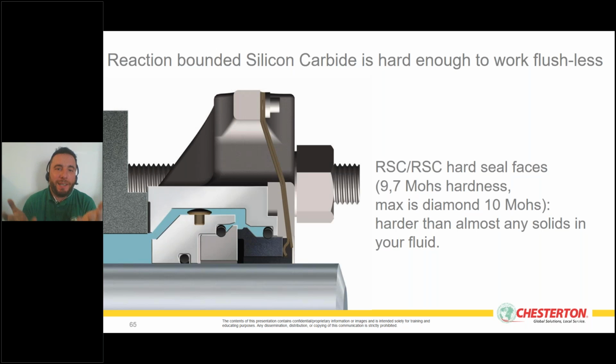Thanks to that, except if you are pumping diamond powder that is harder than these faces. But otherwise, our faces material is so hard that a lot of organic solids will be crushed by the faces, and that's why we do not need to protect the faces with additional flush. So hard face material helps us to reduce or eliminate the flush water consumption of the mechanical seals.